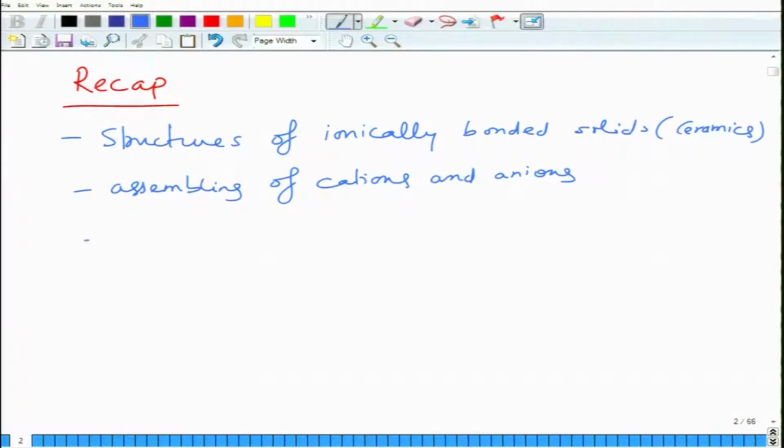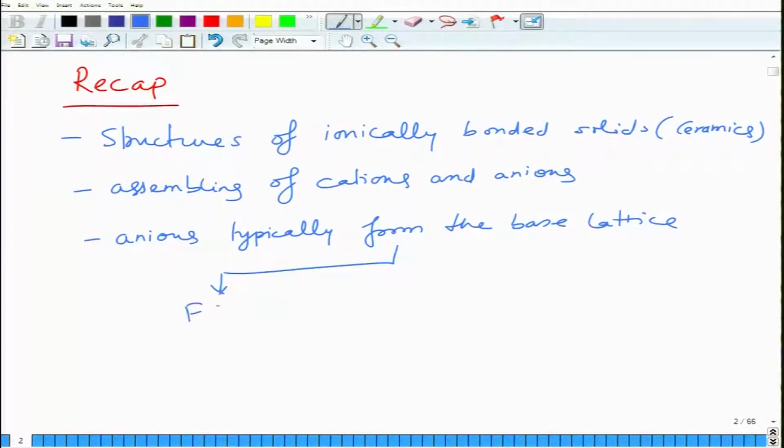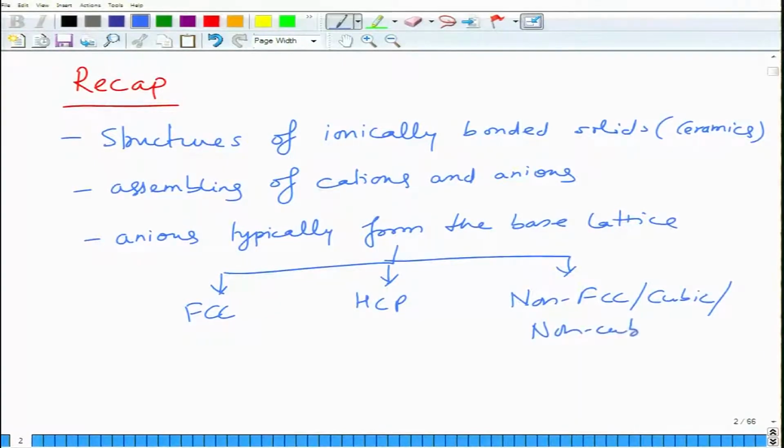Since anions are bigger, anions typically form the base lattice. They form the basic skeleton of the material. For example, it could be an FCC based structure, an HCP based structure, or it could be non-FCC but cubic, or non-cubic as well.